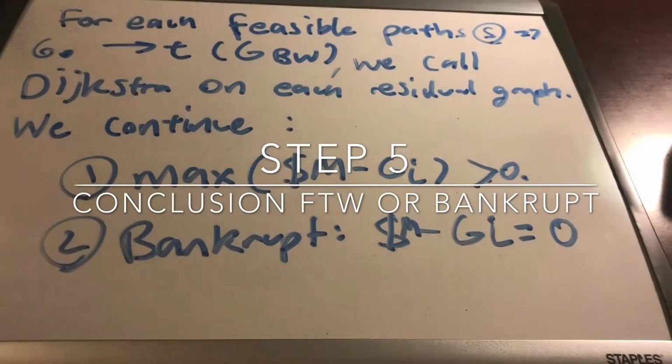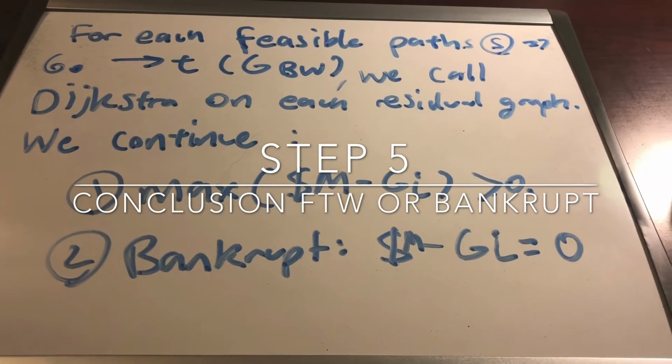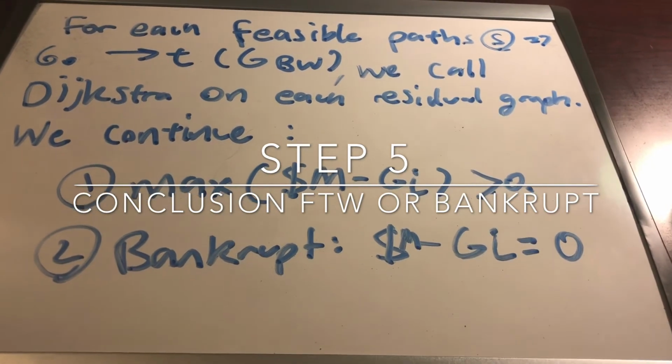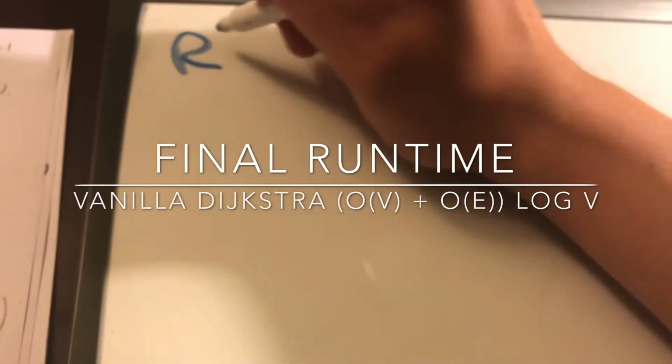So let's go over runtime really quickly. This is a really short Algos in 10, but Monopoly is important in terms of understanding chance and probability and how residual graphs actually work in a real application problem. So runtime is very simple.